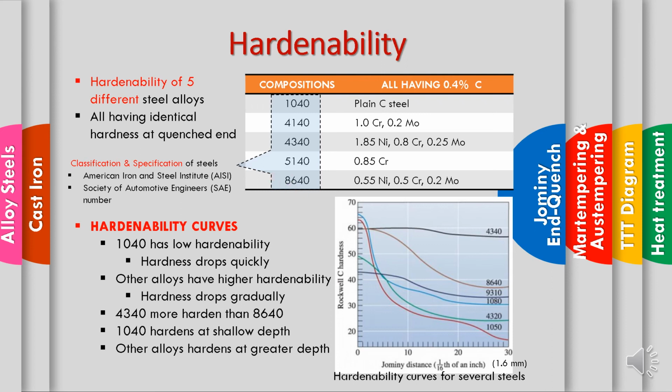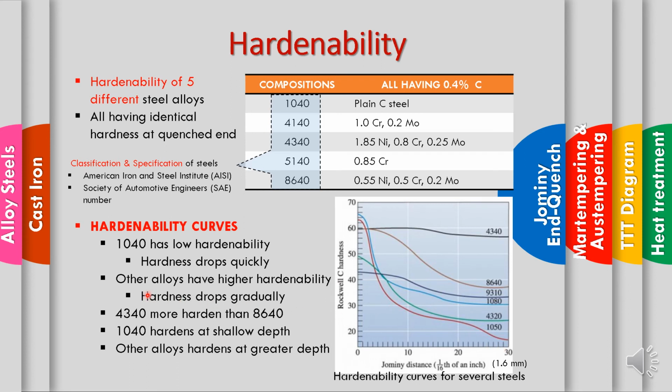As you can see, when we plot a hardenability curve, we have the different compositions of material in one graph, so that we can see the hardening of each material is different. As the material 1040 is something like this, you can see from the start here it has a low hardenability. As the distance gets longer, the hardness drops very quickly.